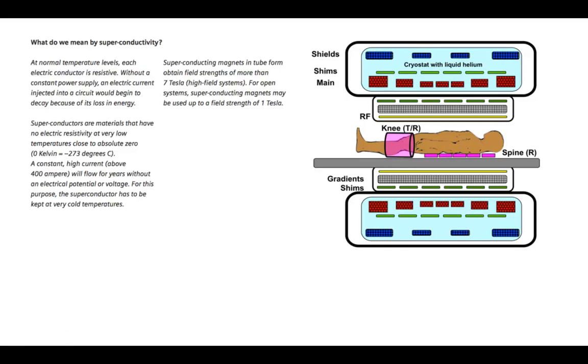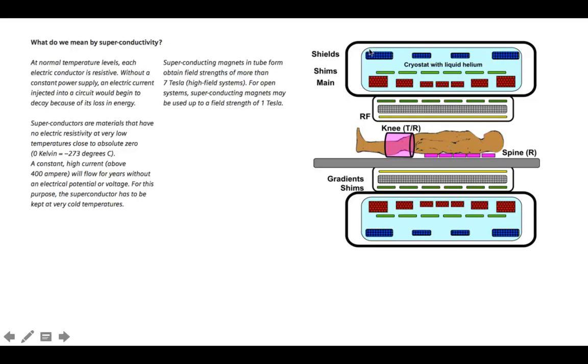First of all, you can see that you have your main magnet in here, and that this is liquid helium cooled. The main magnet's illustrated in red. Then you have your shims that are there to control the homogeneity of the field in the bore, and they can be independently adjusted so that you have a homogeneous situation inside.